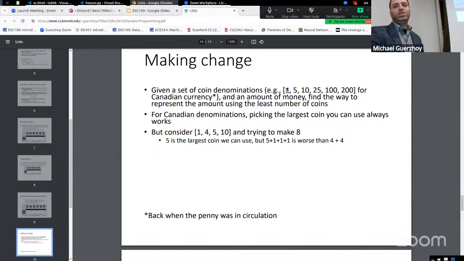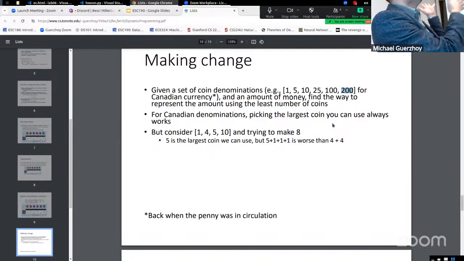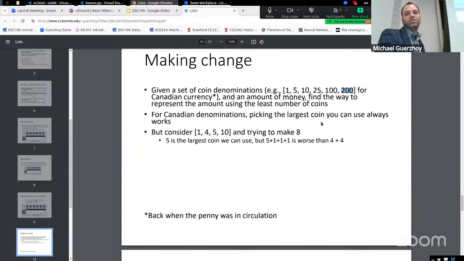So we used to have a penny, and we have 5 cents, 10 cents, 25 cents, 100 cents, 200 cents, $2, right? And what we want to do is we want to be able to represent any amount using those kinds of denominations, which could be different, using the least amount of coins.